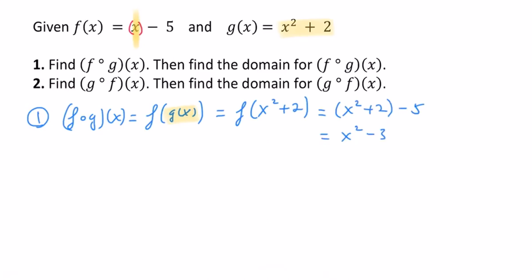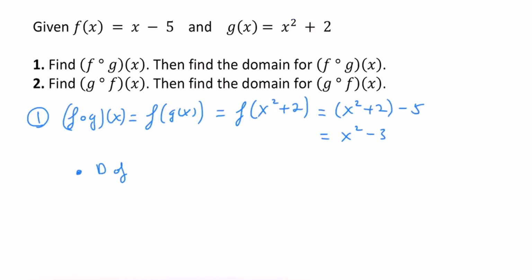Let's get the domain. The domain of a composition function contains 3 steps. The first step is to get the domain of the inside function. Here, the inside function is g.